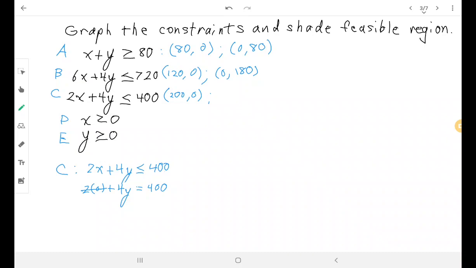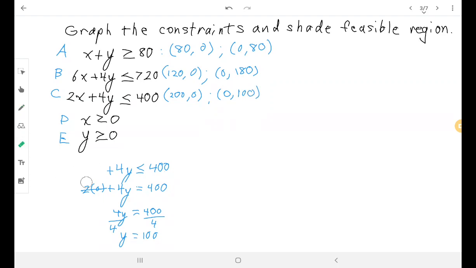So I can ignore that and have 4y equals 400. I'm not really ignoring it. It's becoming 0, and I'm adding it to the other thing, and 0 plus anything is itself. That's what I'm really doing there. So divide by 4 on both sides, and y equals 100. So then our y-intercept is an x value of 0, a y value of 100.